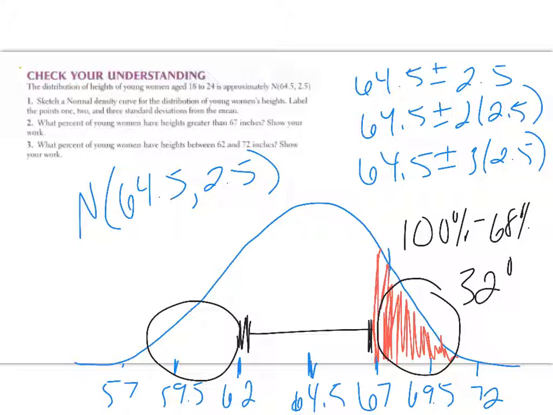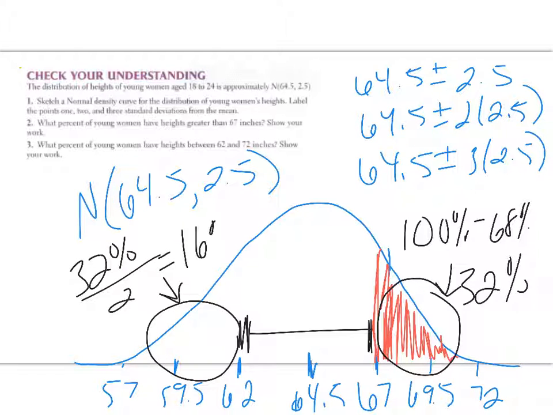So I know that this end and this end is 32%. And again, I only want 1, so 32% divided by 2 gives me 16% of young women have heights greater than 67 inches. So the next one asks, what percent of young women have heights between 62 and 72 inches?